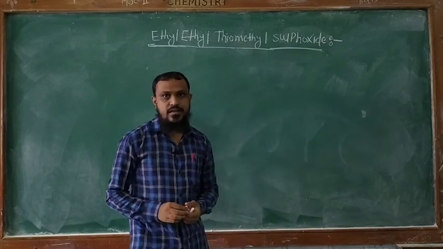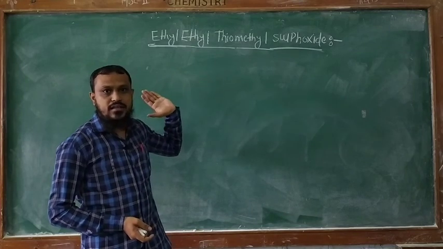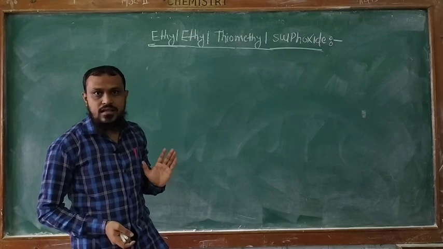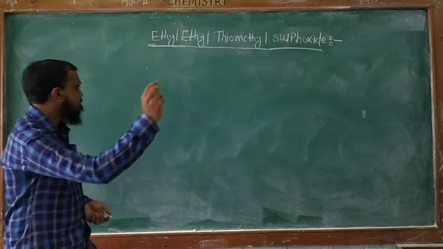Sulphoxide. Okay, this is the second umpolung reagent, ethyl thio-methyl sulphoxide. Okay, now look here.